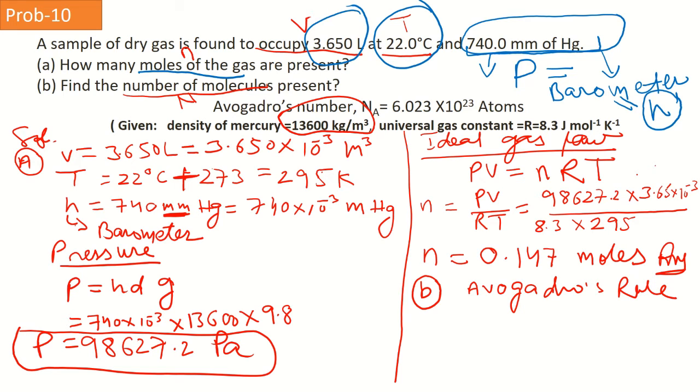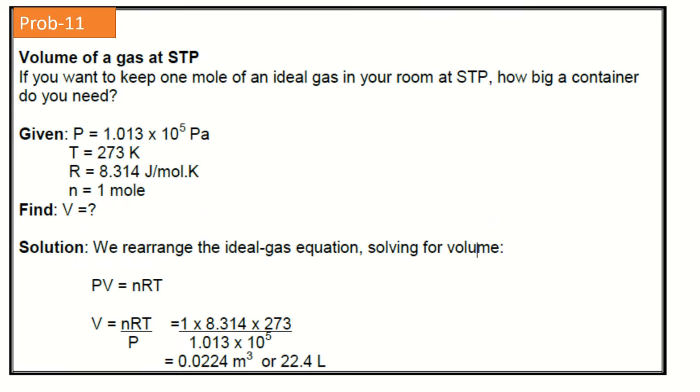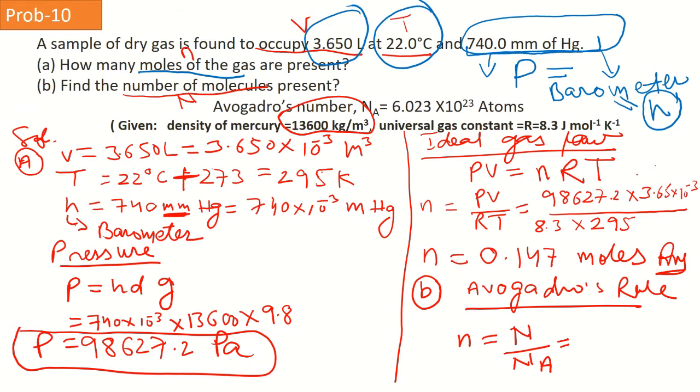According to Avogadro's rule, small n over capital N equals 1 over Na, and you have to find this capital N. So N equals n multiplied by Na. This way you can find the total number of molecules by using the number of moles.